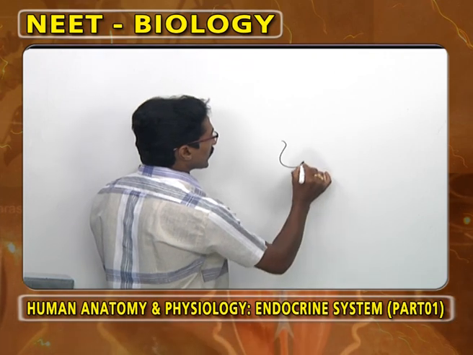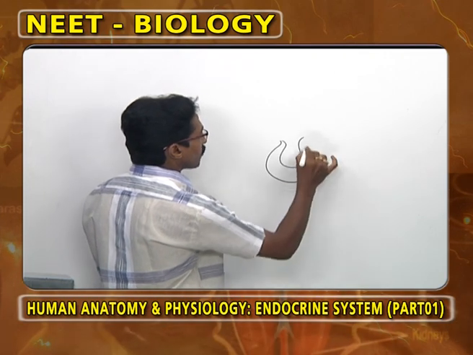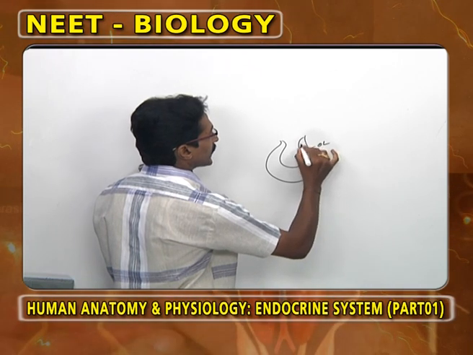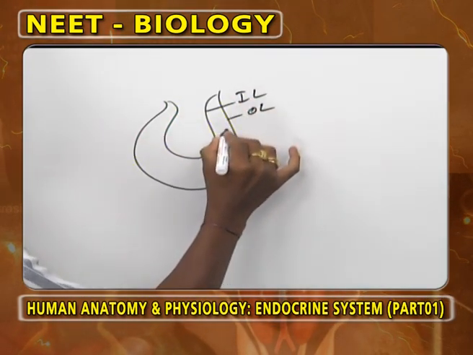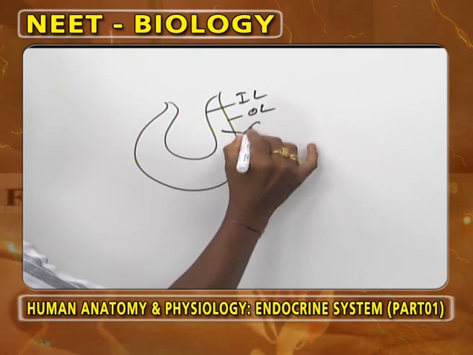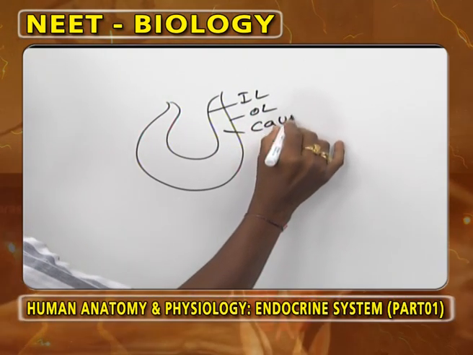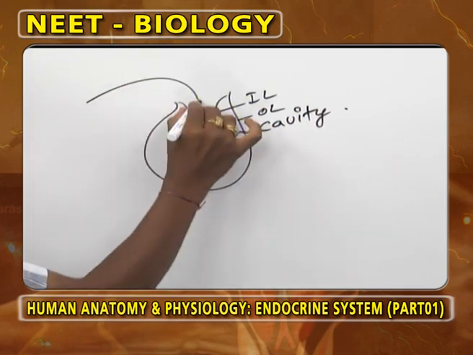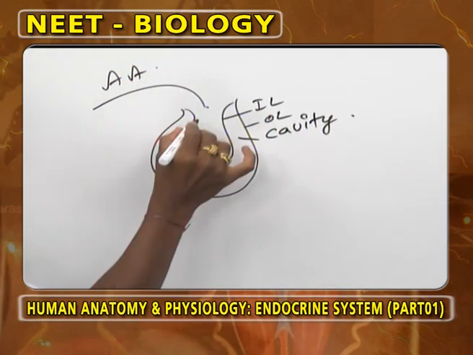Now this one we call the Bowman's capsule. This is the outer layer, this is the inner layer, and this we call the cavity of Bowman's capsule. Now this one we call the efferent arteriole.